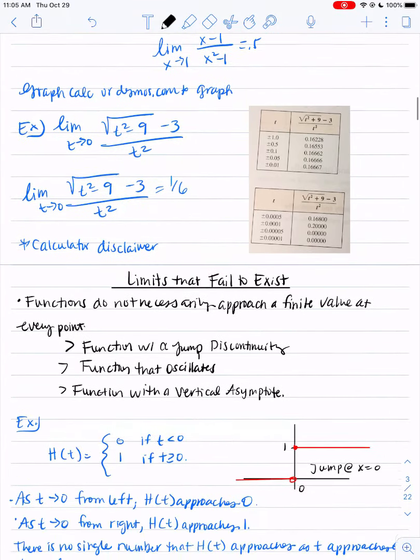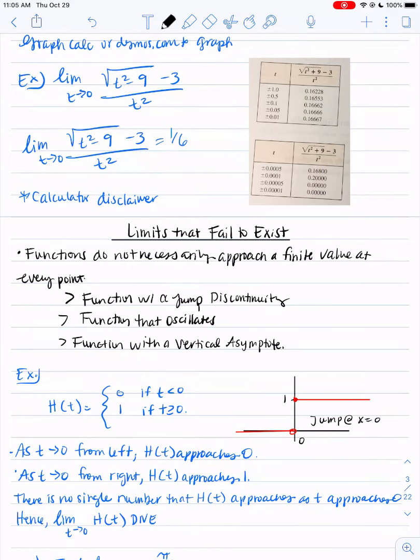Okay, so in this example, I have the limit as t approaches 0 of (square root of t squared plus 9, minus 3) over t squared.